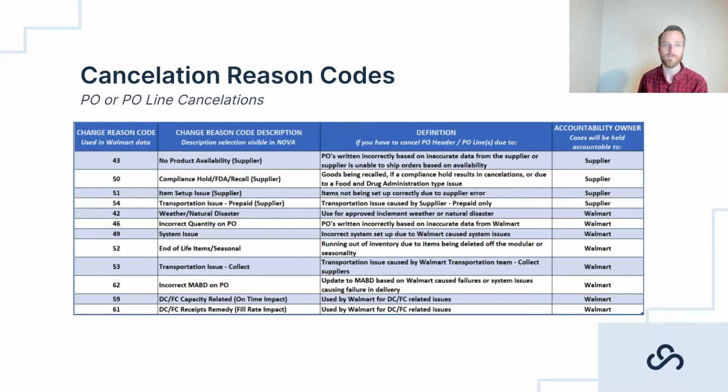You see it's broken down to either supplier or Walmart. If it's a supplier reason code, then you will own the accountability for those canceled cases, and you'll potentially be fined for all of those canceled cases. Even though you went through the process of telling Walmart you're not going to ship it, we still fine you in OTIF.